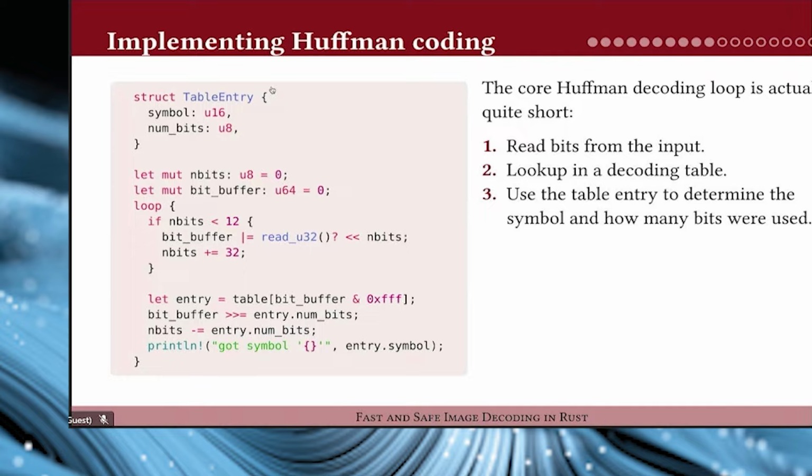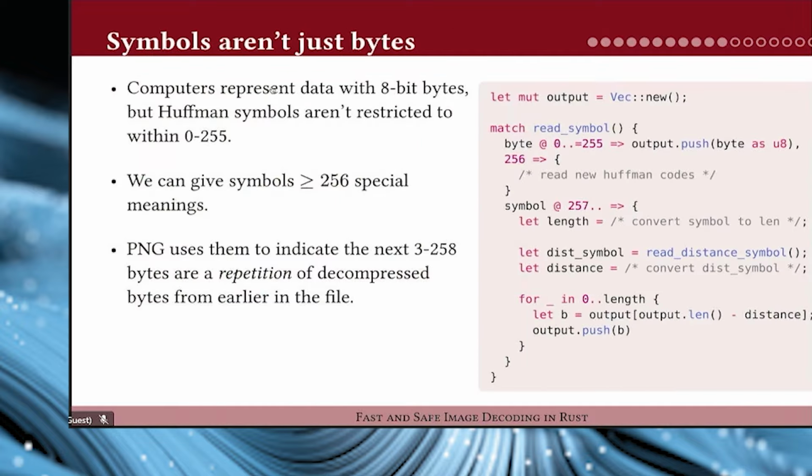So once we've got our Huffman code, though, the next thing is what do these symbols actually mean? And I've been saying symbol. I haven't been saying byte. As you might guess, symbols can be more than just bytes. So if it's less than 255, we treat that as a byte. We've got a new value. If it's more than 255, we have special meanings.